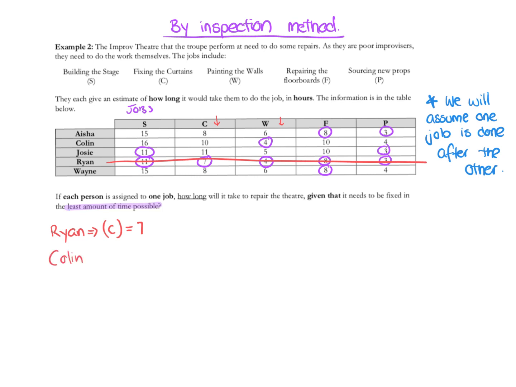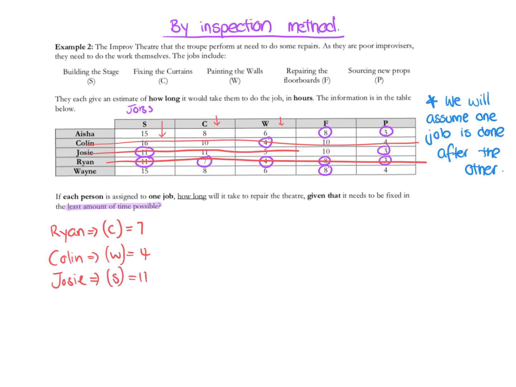So I may as well give Colin the W job, and I'll record that he takes 4 hours to do that. So then I can get rid of Colin. Now I can see there's another one on job S. There's only one person there, and who's that? Josie. So Josie can do job S, and she took 11 minutes.